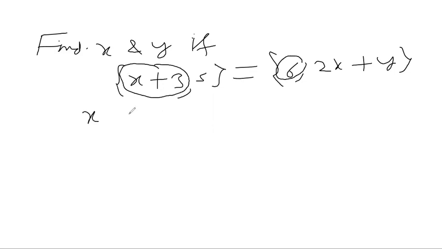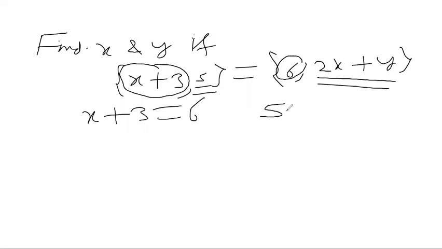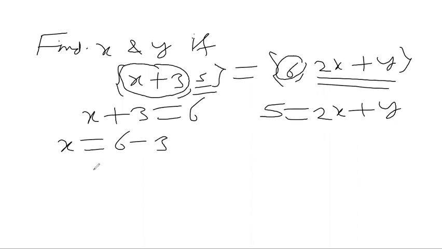That means x plus 3 is equal to 6. And the second element, that is 5, is equal to 2x plus y. It means 5 is equal to 2x plus y. Now here x plus 3 is 6. It means x is equal to 6 minus 3. That means x is equal to 3. If x is equal to 3, let us keep that here also: 2 into 3 plus y.